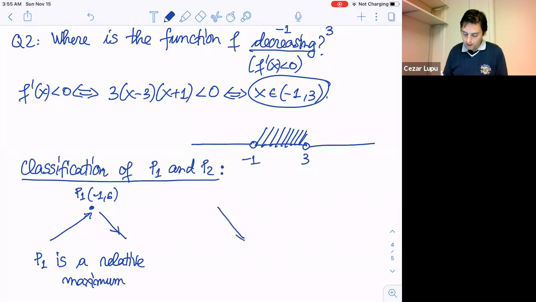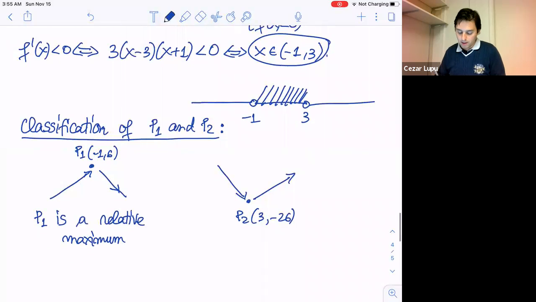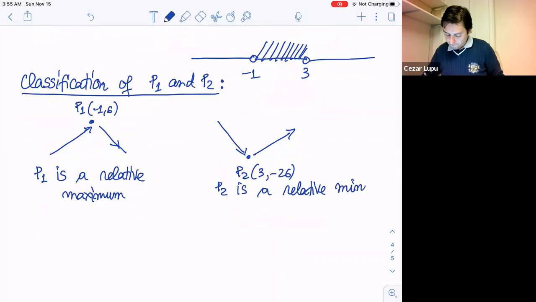And the same thing happens with P2. Well, as you can see, on the first part the function is decreasing, then it's increasing. So P2 is a relative minimum. Okay.